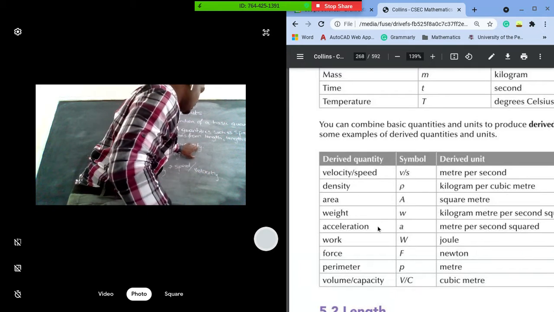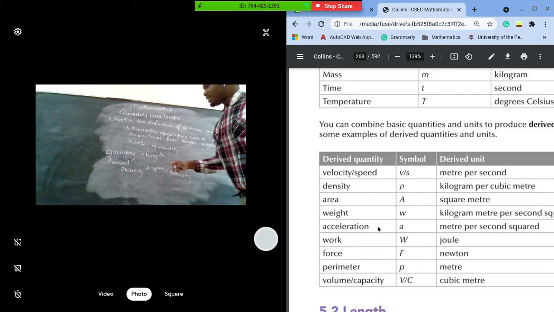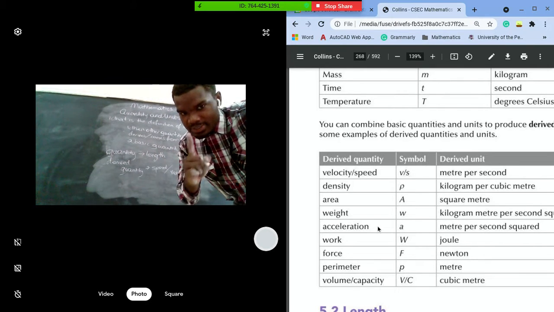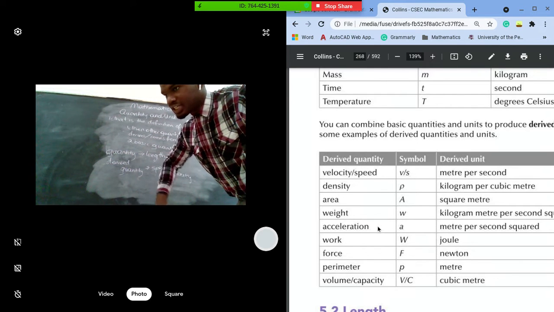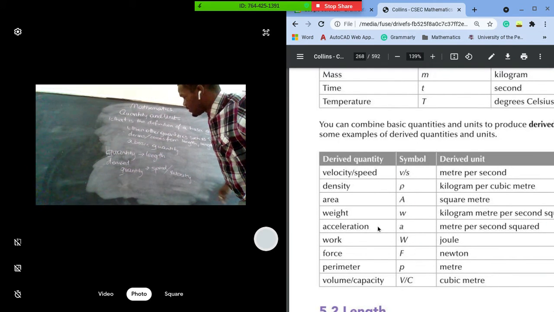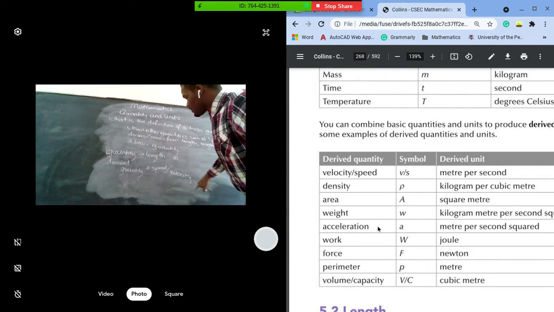What was the unit for length again? What was the unit for length, guys? L. L, sir. No, that was a symbol for length. But the unit now, something that it is measured in. What is length measured in? Meters. So we're going to say m is a symbol for meters. What is the unit now for speed? Second.